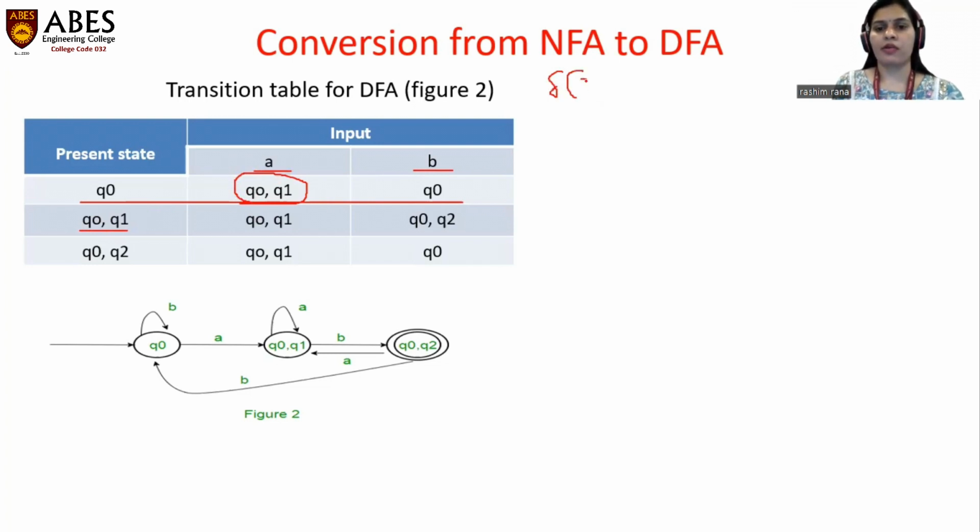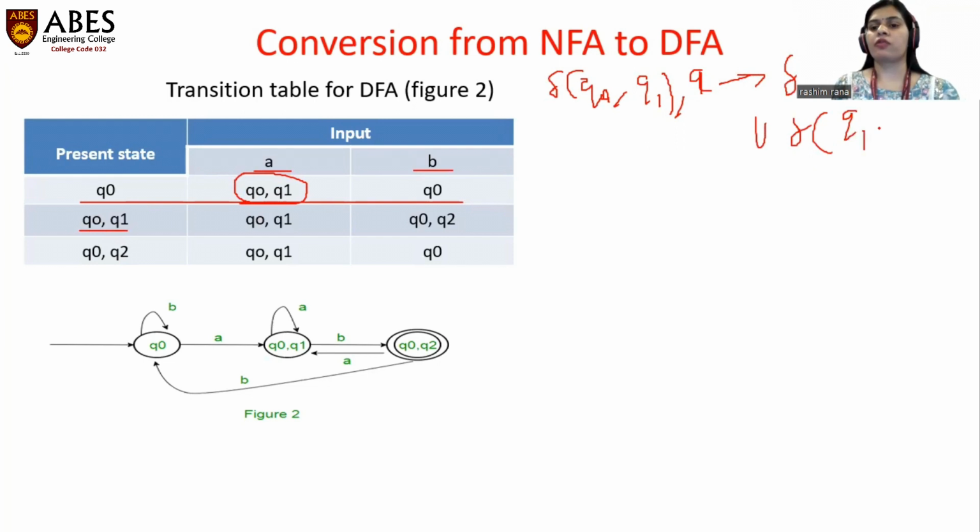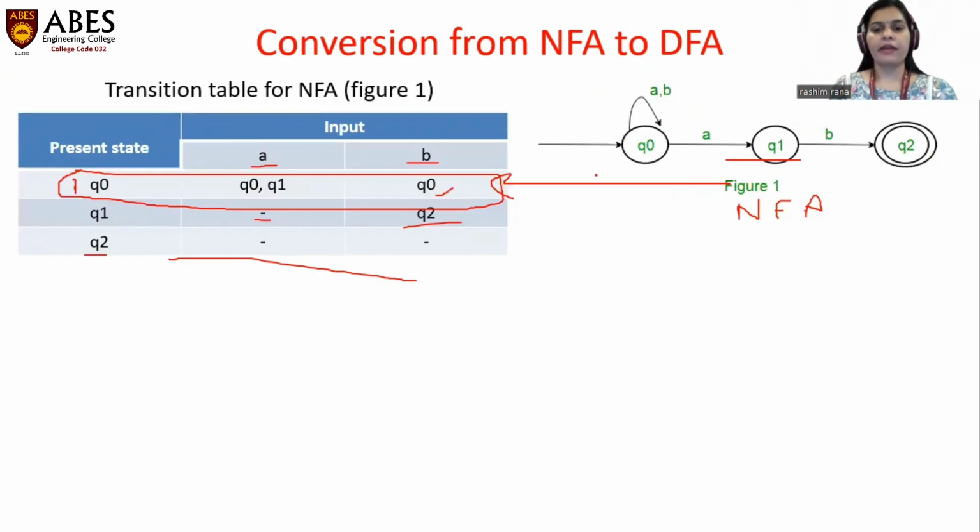That is Q0, Q1, input A. If we simplify that, we get the transition function of Q0 on A union the transition function of Q1 on A. On applying input A on Q0, we get Q0 Q1. And on applying input A on Q1, we get phi.